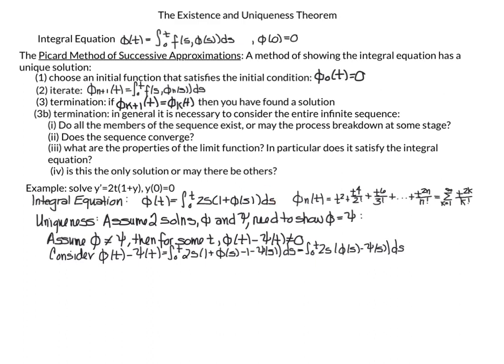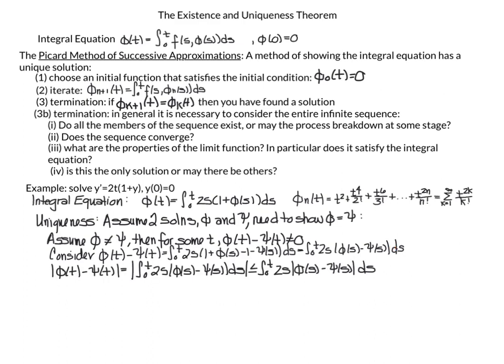So again, using our variable of integration and this formula here, it's a minus psi of t, so we'll have minus 1 minus psi of s ds. And then the 1's cancel out, and we get the integral from 0 to t of 2s times phi of s minus psi of s ds.